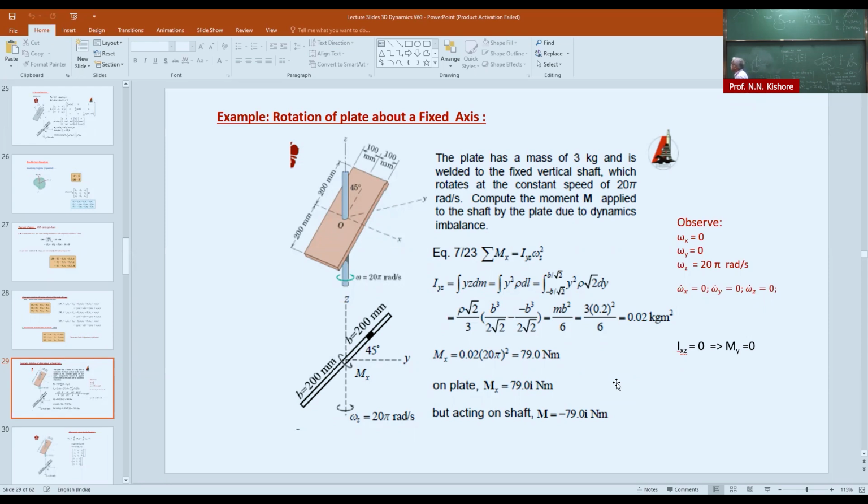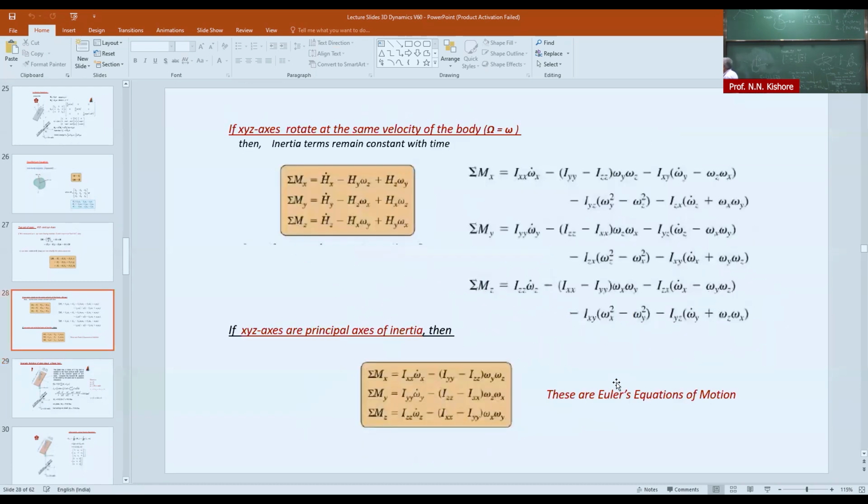So essentially, if you go back to this, there are two ways of doing it. One is you can choose x prime, y prime, z prime in the principal axis direction, or here what has been done is going back to the original axes, because x, y, z are not the principal axes of inertia.